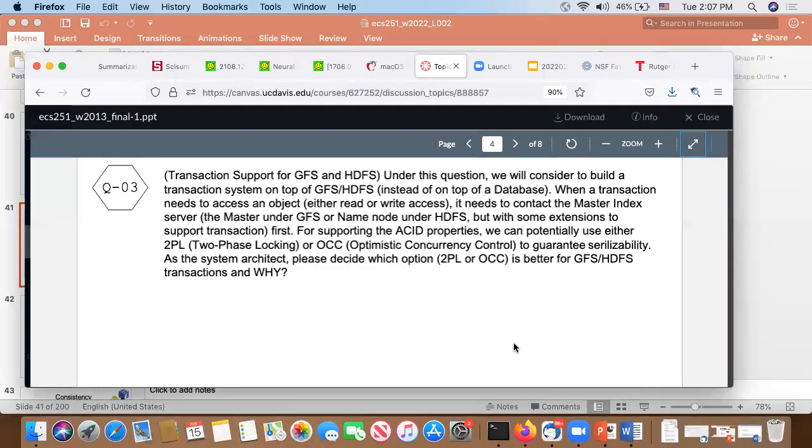I don't think I can ask this question. This question is mixing the idea of GFS with transactions, like optimistic concurrency control. I'm not going to talk about optimistic concurrency control, but this is actually a very interesting question.